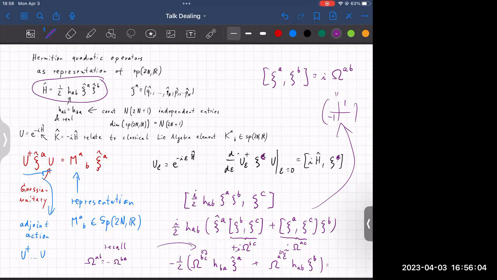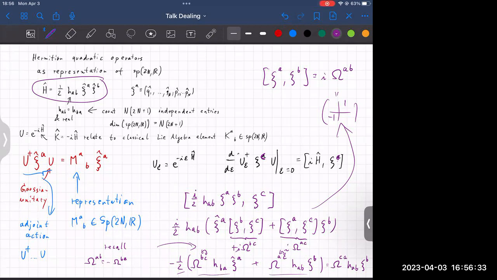And so overall, I will find that this is the same as omega_CA H_AB psi B, where the 2 here was cancelled from the fact that these two terms are actually the same after relabeling of the indices.